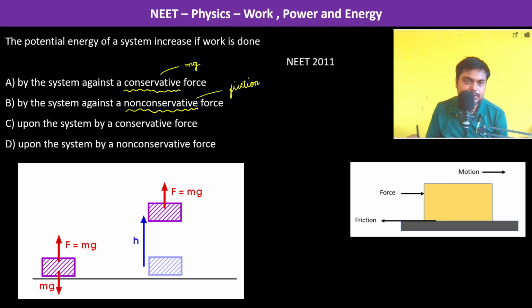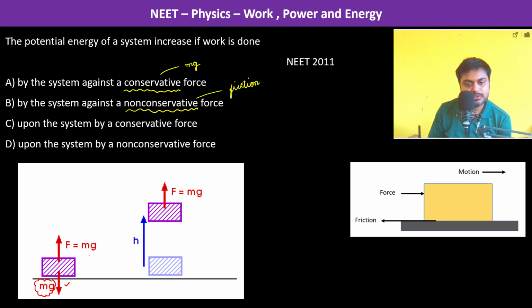So in the first case, the potential energy of the system increases, and you can see that this mg is acting downwards.